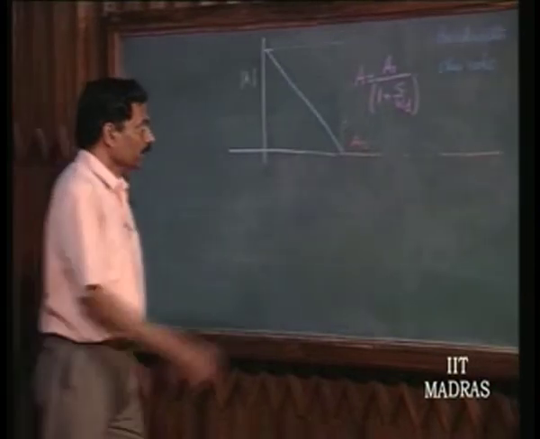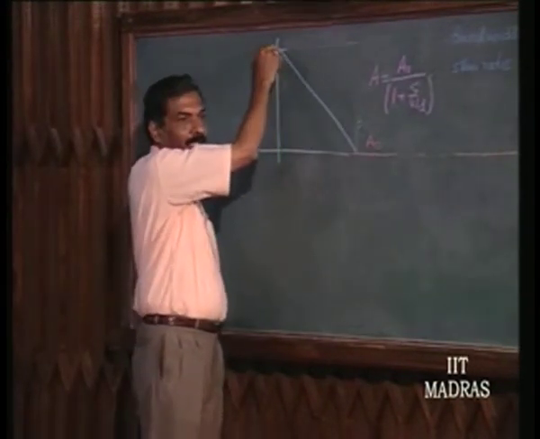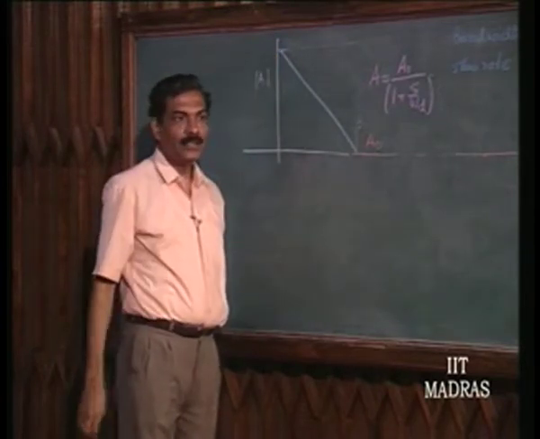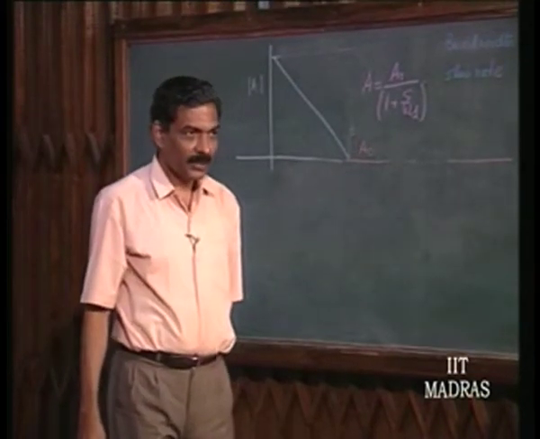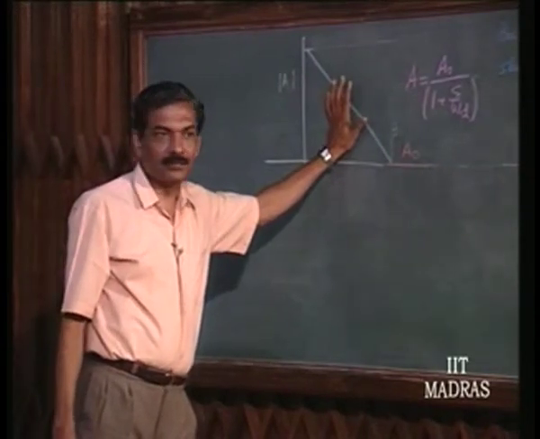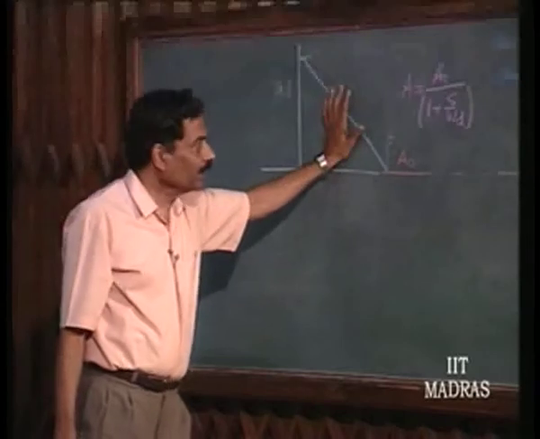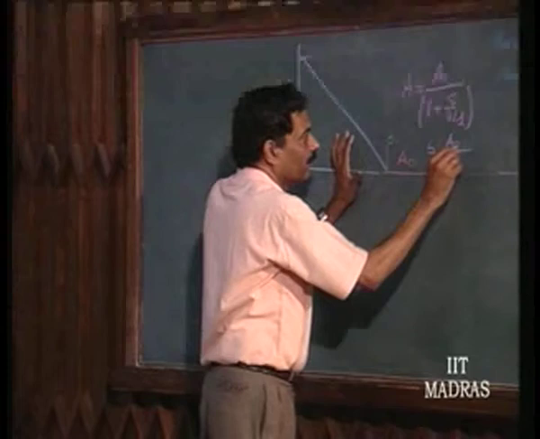Now, essentially this frequency comes pretty close to 0. Typically it is of the order of a few hertz. That means in most applications of the op amp, which operate at frequencies much greater than that, you can consider that the op amp gain is A naught divided by S by omega d.